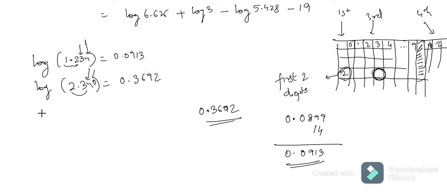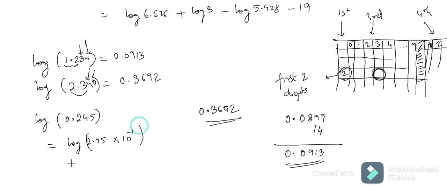Okay, suppose log of 0.245. How are we going to find this? This is not in scientific notation, so we'll convert it into scientific notation. So it will be log of 2.45 into 10 to the power minus 1, right? It will be added, and then the power comes in front. So minus 1 plus log 2.45.